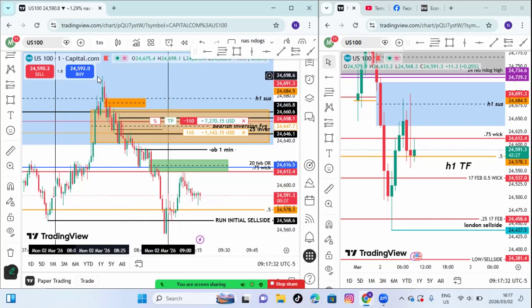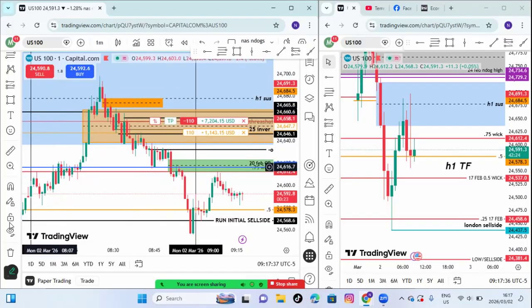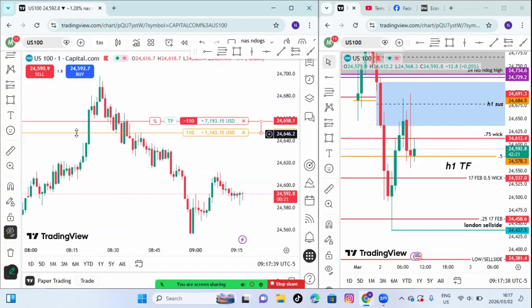You see here, smart money reversal, low risk entry. Smart money reversal, low risk entry. First stage, redistribution. Second stage.